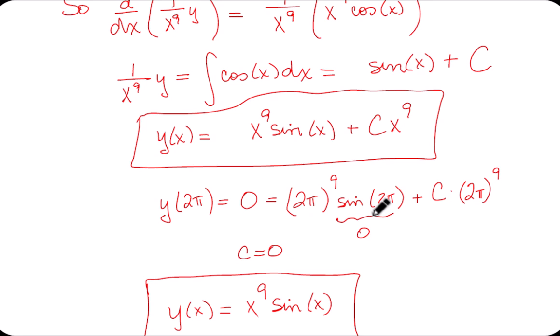But the sine of 2 pi is 0, so that whole term is gone. I don't need to multiply this out because c times it is 0, which says that c is 0. So this term is gone, and so we get y of x is x to the 9th sine of x.